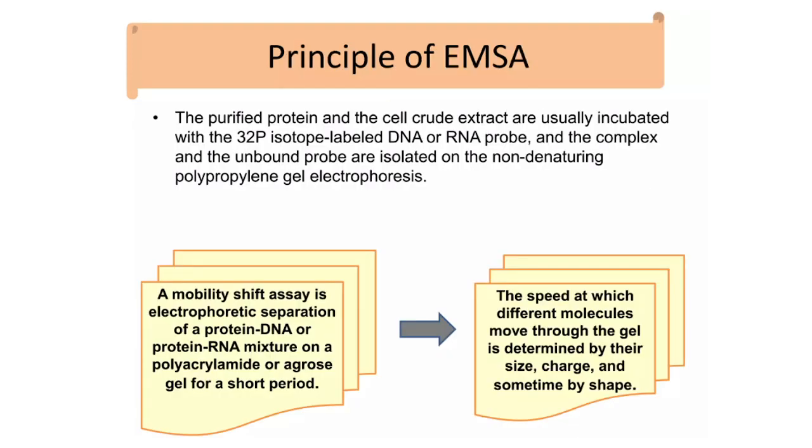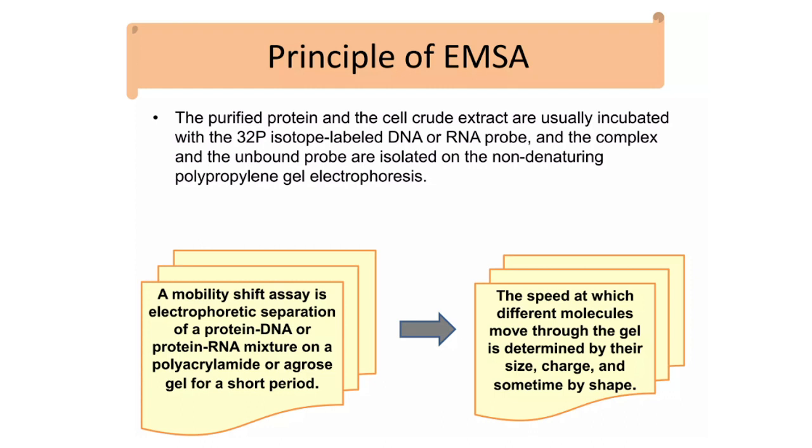So the principle behind EMSA is that a purified protein or cell extract is incubated with your 32P labeled isotope, DNA or RNA, and the complex and the unbound probe are separated on a non-denaturing polyacrylamide gel electrophoresis, and it's run. So you have the free DNA, and you have the protein-DNA complex.